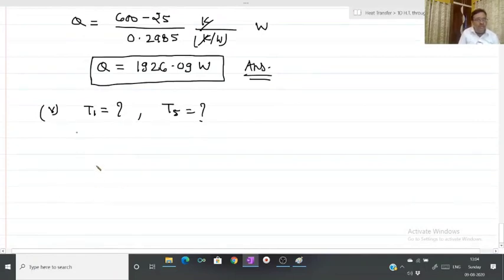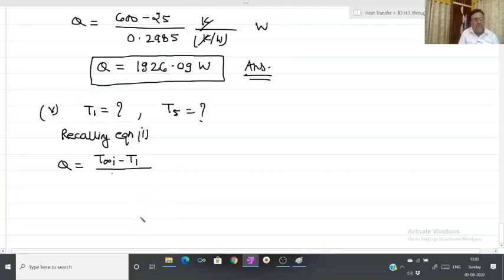So here I will be writing, recalling equation 1. Let us reproduce that equation. Q is equal to T infinity I minus T1 over RT infinity I. The value of Q is 1926.09. The value of T infinity I is 600.